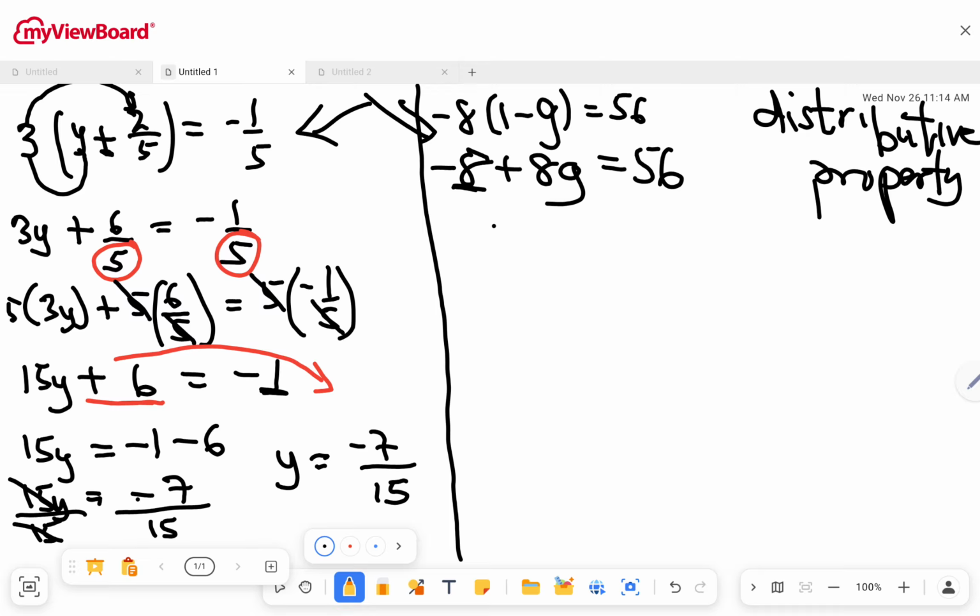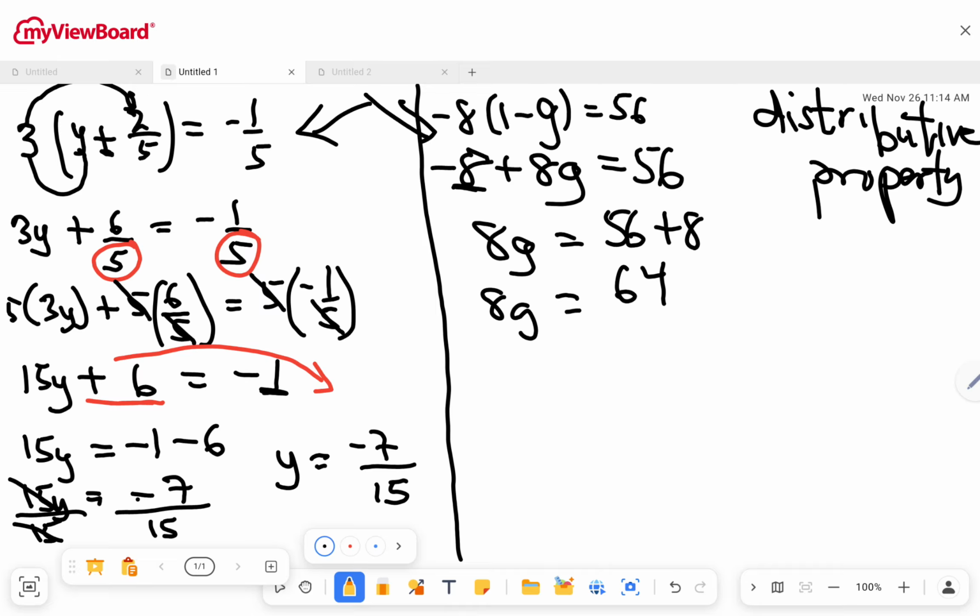So we are going to have 8g is equals to 56 plus 8. And 8g is equals to, so what is 56 plus 8? 56 plus 8 is going to give us 64. Now we have 8g is equals to 64.